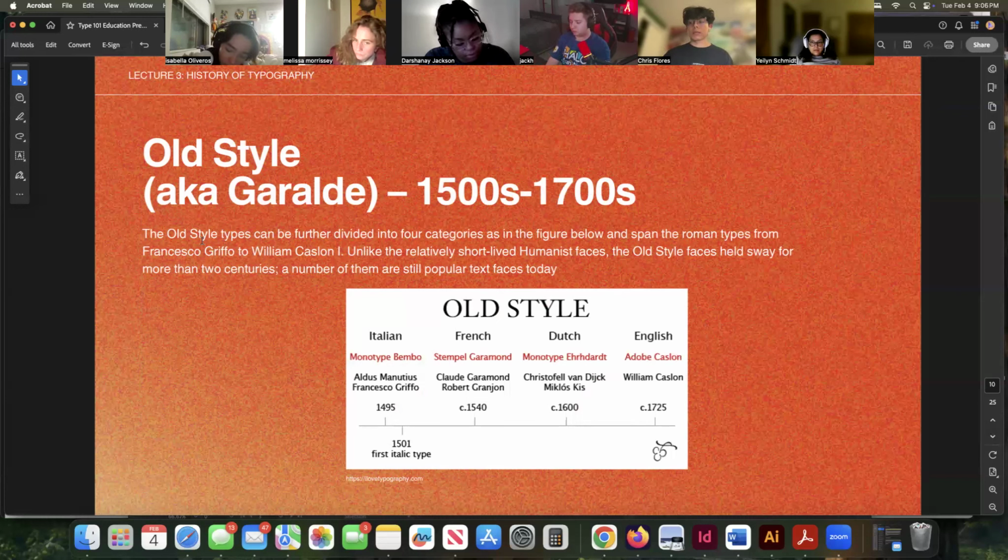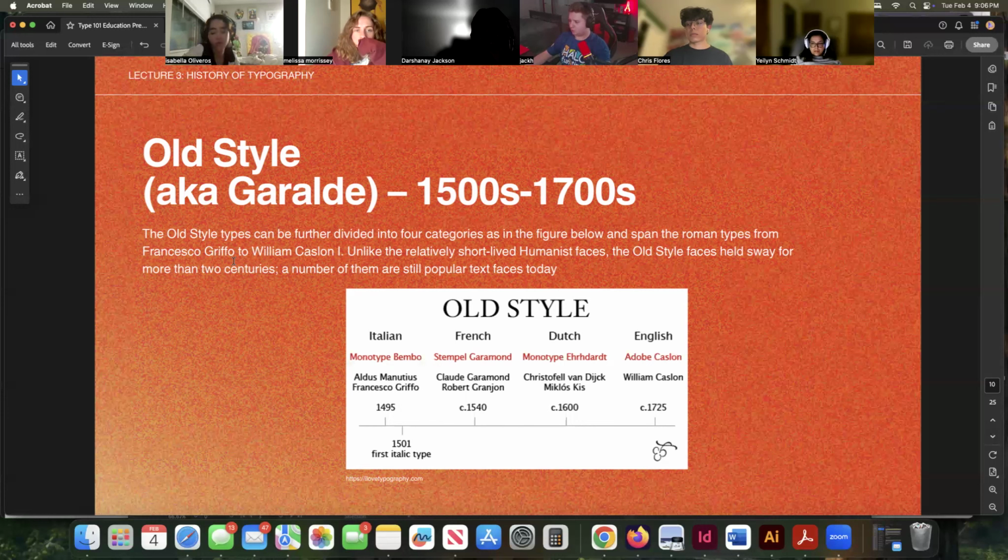The old style types can be further divided into 4 categories, as in the figure below, and span the Roman types from Francesco Griffo to William Caslon I. And like the relatively short-lived humanistic faces, the old style faces held sway for more than 2 centuries.